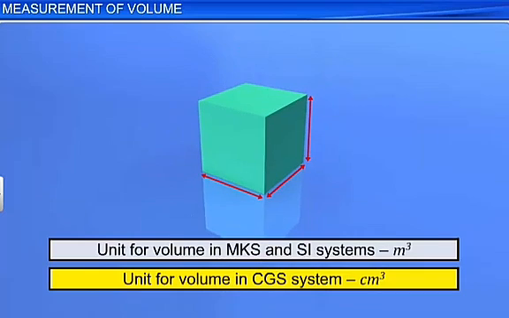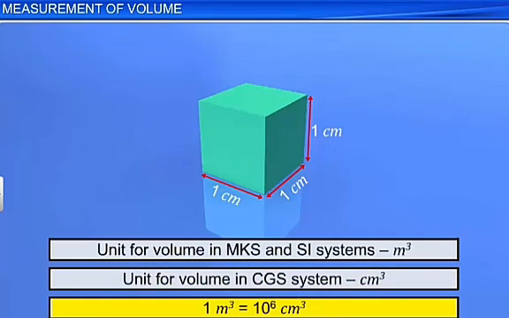In the CGS system, the unit for volume is centimeter cube or cubic centimeter. 1 centimeter cube is defined as the volume of a cube of side 1 centimeter each. 1 meter cube is equal to 10 to the power 6 centimeter cube.